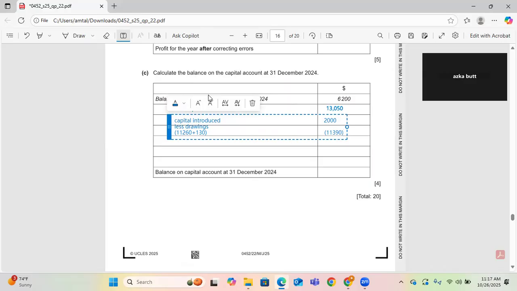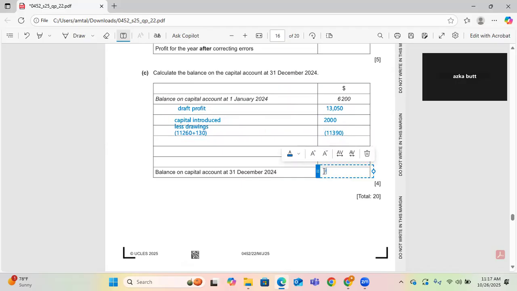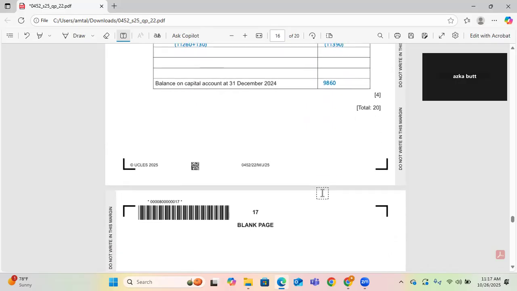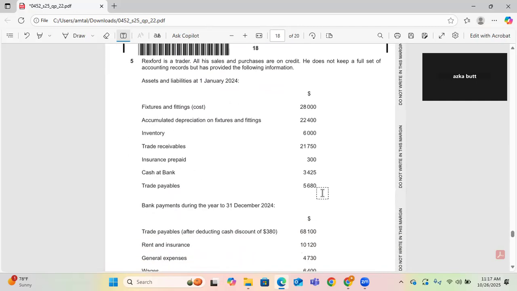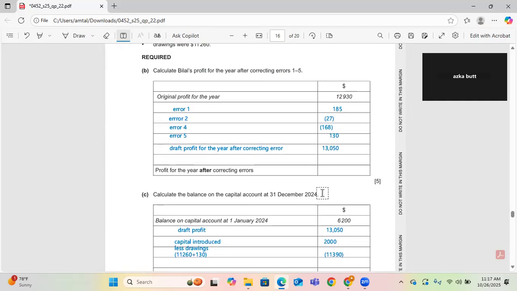Now the capital at 31st December 2024 will be equal to 9860. Okay, done. So this question is done.